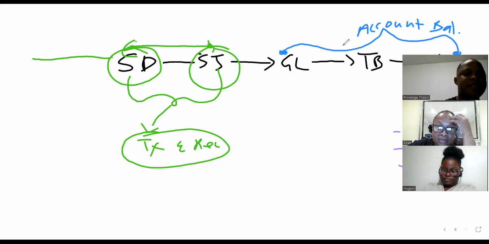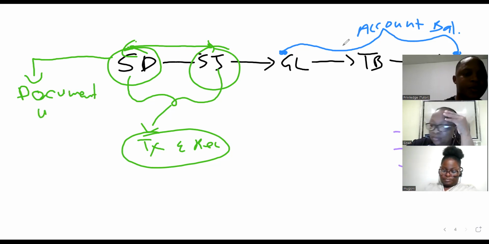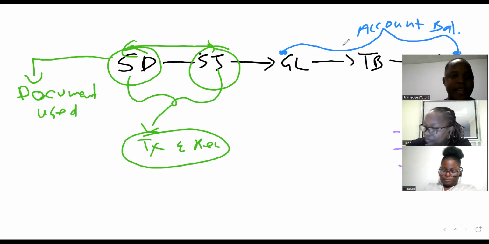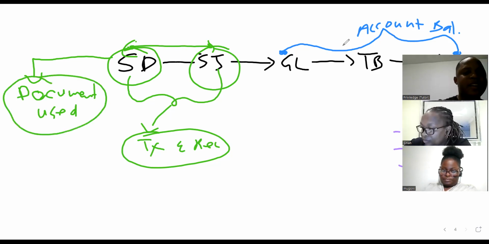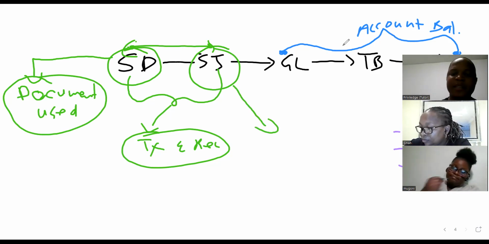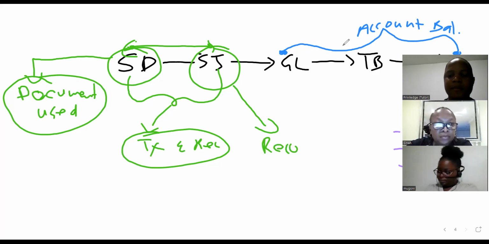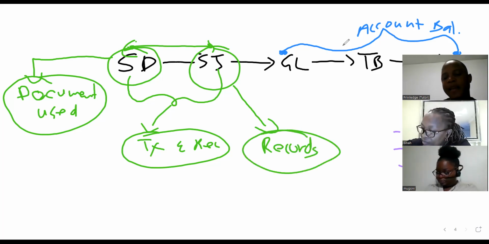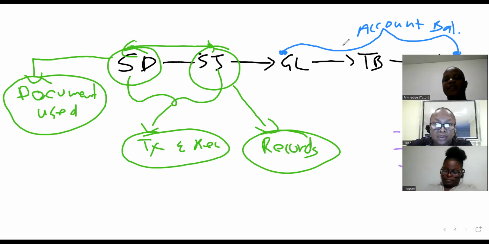Obviously, if I'm dealing with inventory, that's why I was telling you that it's important to understand the documents used. As I'm taking you through the cycle, I'm trying to give you the documents that will be used. And then where do I see the records of this source document? The records is basically the journals. Is it making sense now? Your journals summarize all the transactions from the source document.